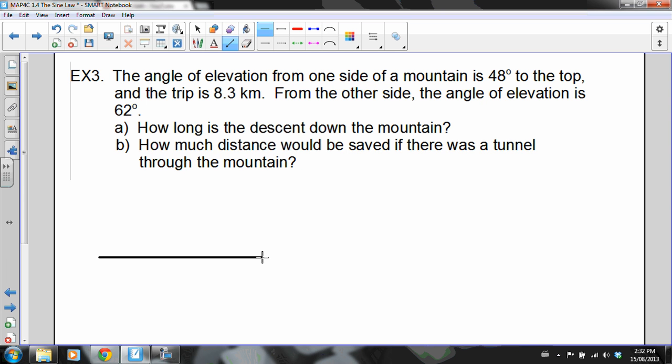There's the ground, the horizontal. And remember, from the horizontal, that's from one side of the mountain, we're looking up at the top of the mountain. From horizontal, that's the angle of elevation, right? And so that angle there is 48 degrees.